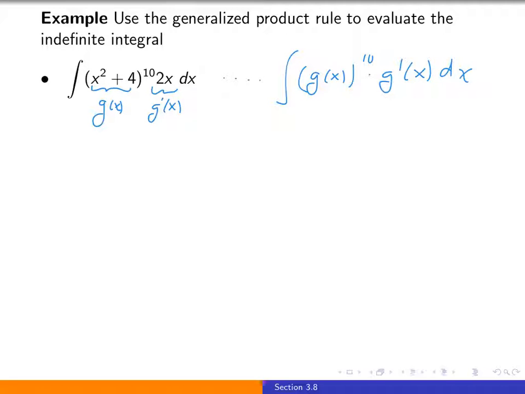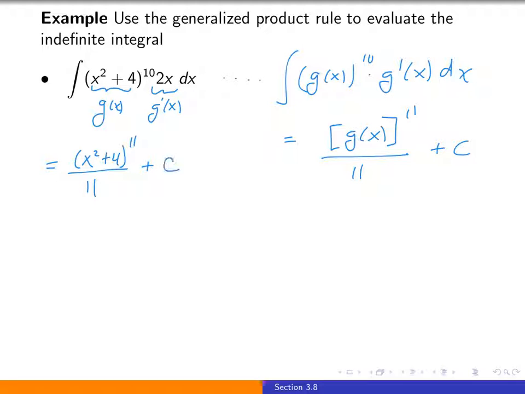By the generalized power rule, the value of n is 10, so this will end up being just the function g of x raised to the n plus 1 divided by n plus 1 plus c. So without any more work, the value of this indefinite integral is going to be x squared plus 4 raised to the 11th power divided by 11 plus c.